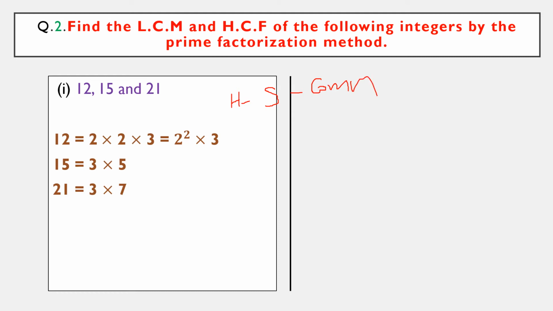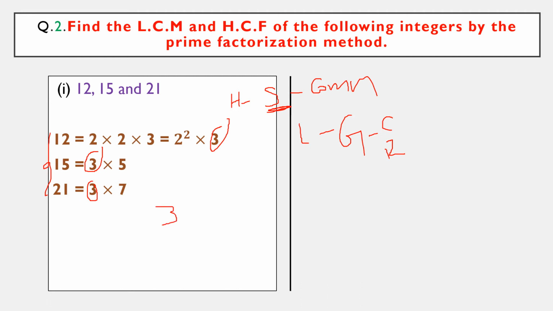Just remember, HCF means smallest, LCM means greatest. Here the common thing is 3, so I'll circle 3. For these 3 numbers, the prime factor 3 is common. So HCF you'll get 3.